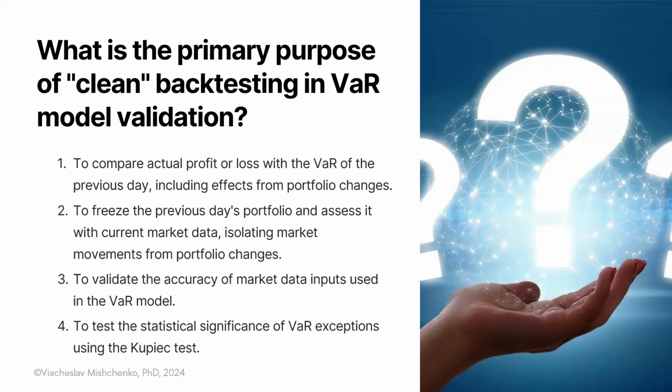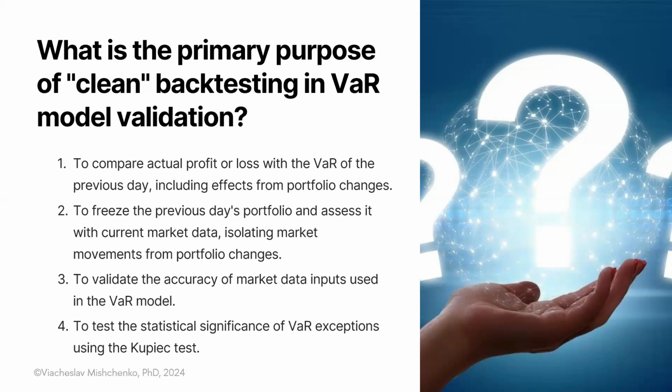Okay, I can see your answers, so that's fine. You are quite right, the second answer is right. Why? Because clean backtesting involves freezing the portfolio from the previous day and assessing it with the current market data.